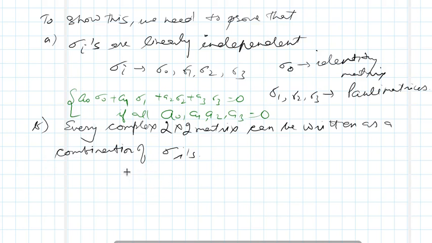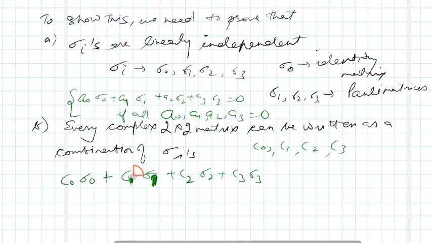And in the second part, I want to show that if C naught, C1, C2 and C3 are complex numbers, then C naught sigma naught + C1 sigma 1 + C2 sigma 2 + C3 sigma 3 can be equal to any matrix of 2 by 2 order, right?